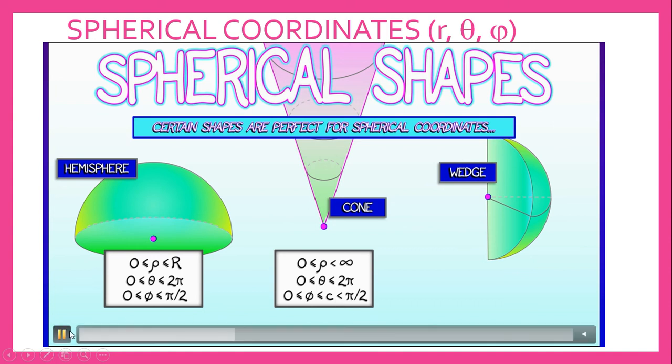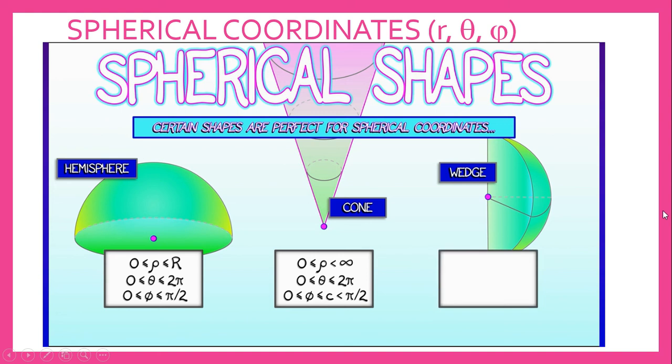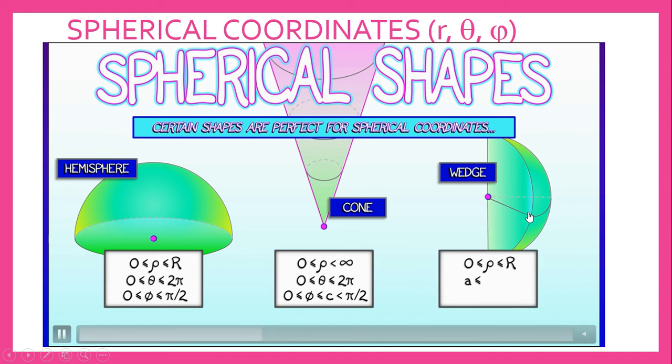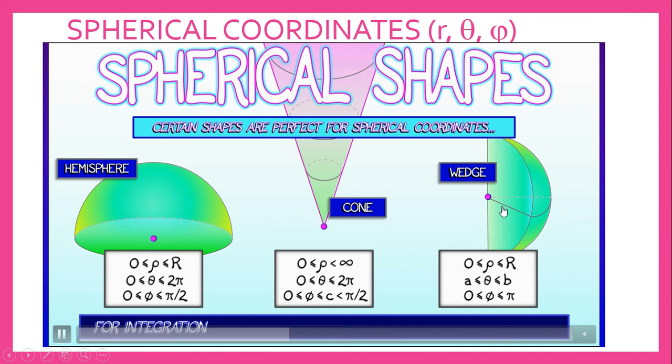Then let us see the limits for this one. It also has a definite radius r, and theta varies from a to b. See this sector, there is a small angle. That angle varies from a to b, and phi, that is the full angle, varies from 0 to pi.